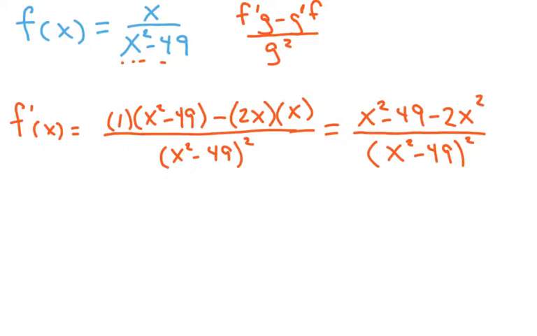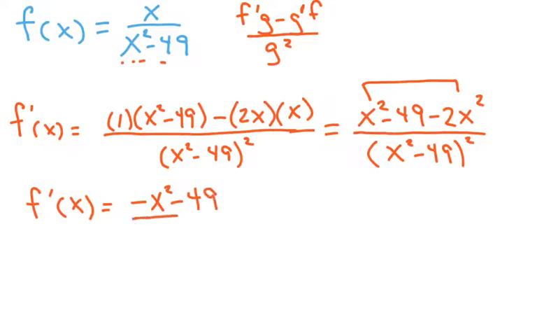Okay, so what our derivative looks like, I can combine these two. In the numerator, I have negative x squared minus 49. And in the denominator, I have x squared minus 49, squared.